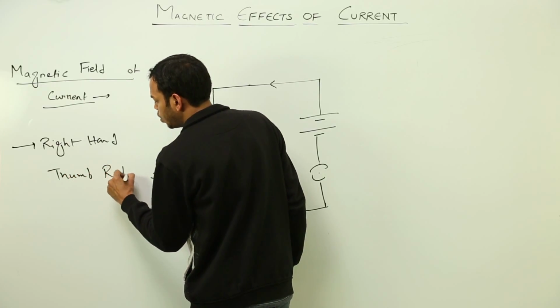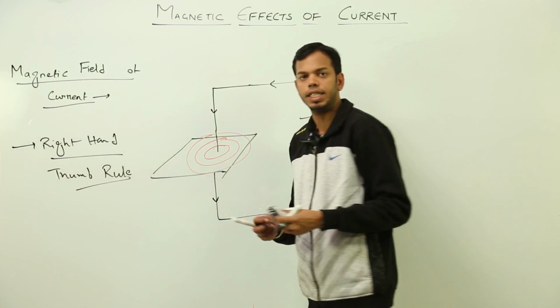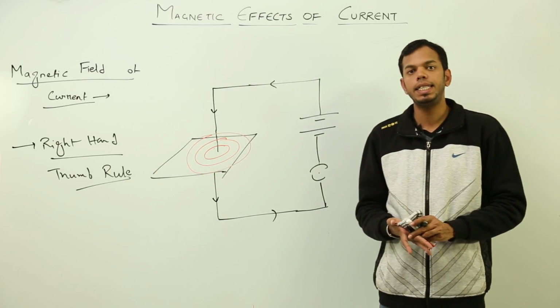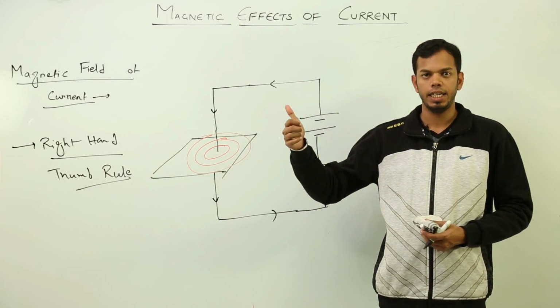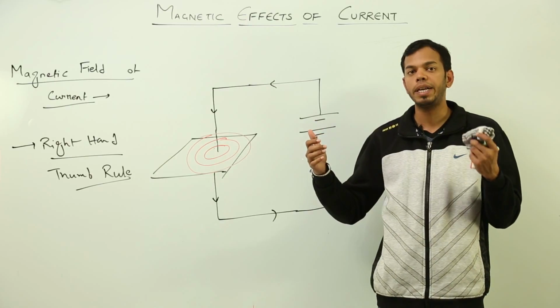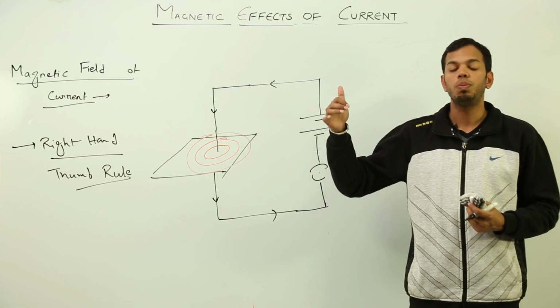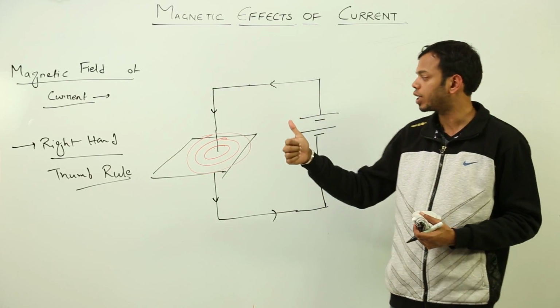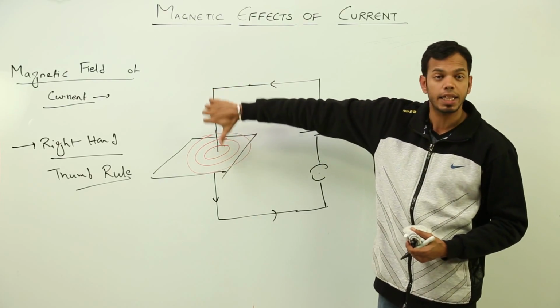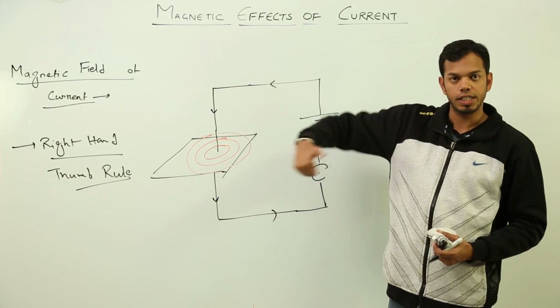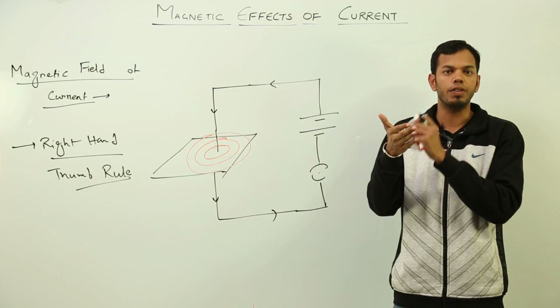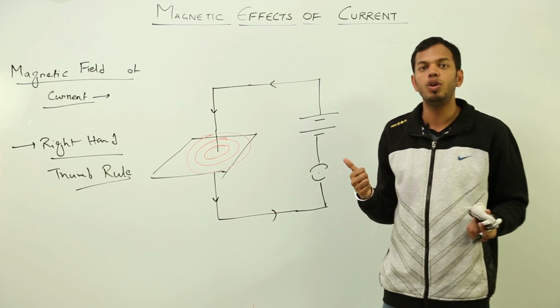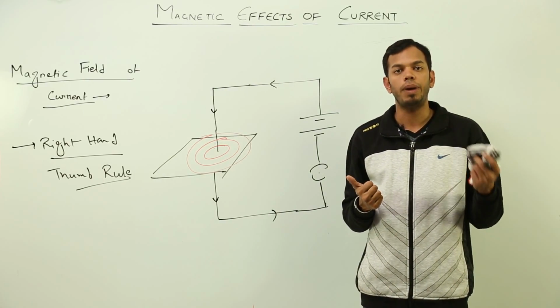What is the right hand thumb rule? It states that you place the thumb of your right hand, you have to keep in mind that you have to use the right hand only, in the direction of flow of current, that means like this. The curling of fingers, the circular turn which the fingers are taking, is going to show me the direction of the magnetic field.